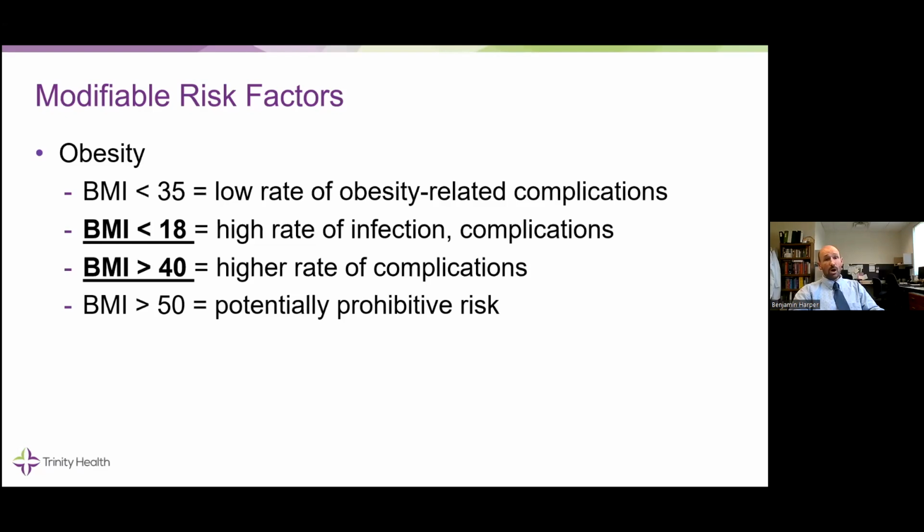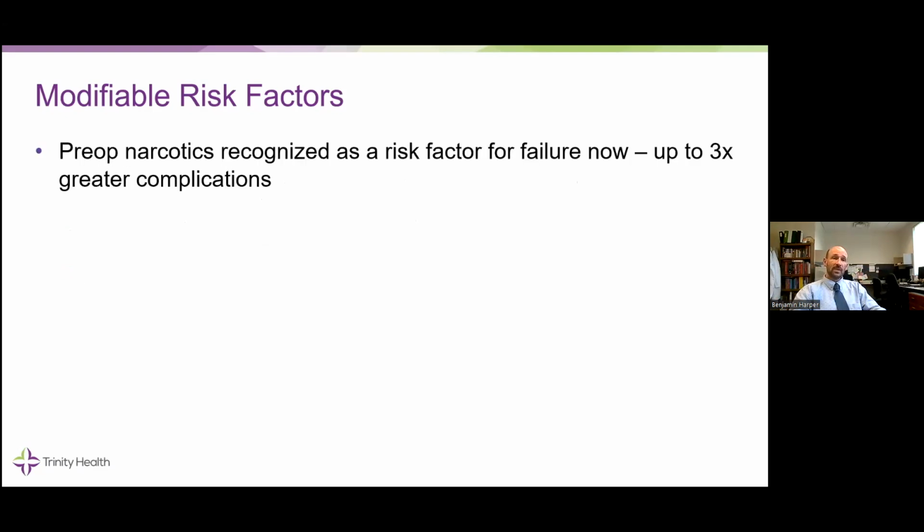And for some people over 50, the risk may be prohibitive. It's worth saying, different surgeons may have guidelines on this, different hospitals, different institutions, different insurance networks, all may have different standards for this, but it's worth considering that if we can move the bar on the risk of a negative outcome, it may be worth doing.